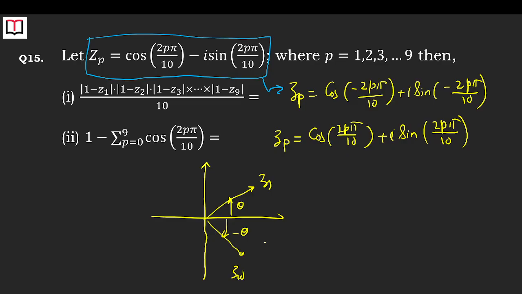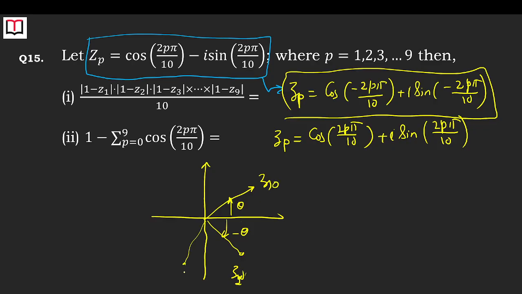So the only thing is, now if I consider this as the 10 roots of unity, I'll be counting this as z1 and this will be z10, z9 will be z2, and the second root from the anti-clockwise will be the z9. The roots are the same, so it's nothing but 10 roots of unity where p goes from 1 to 9. Of course, p goes from 1 to 9, 10 roots of unity except 1. So everything is same.